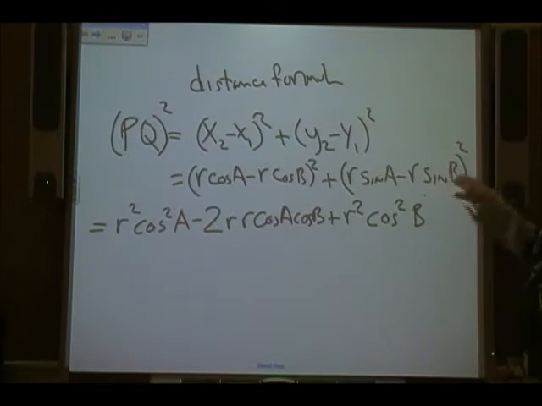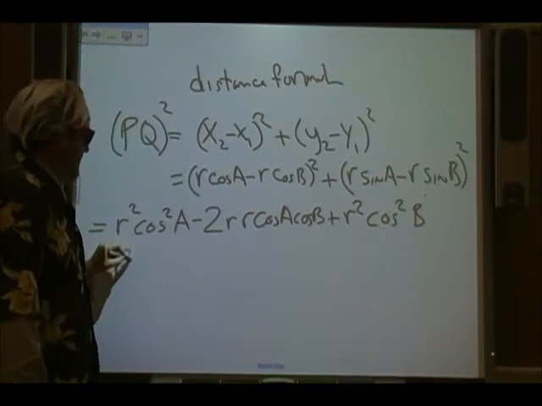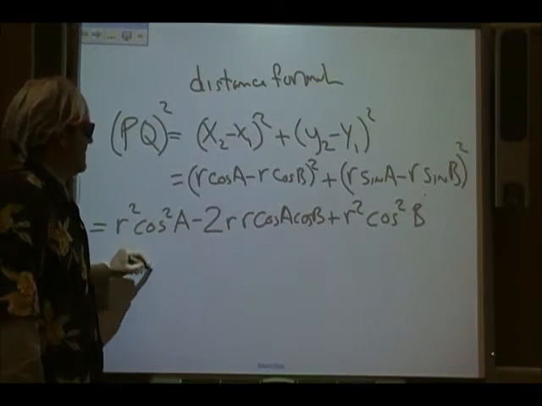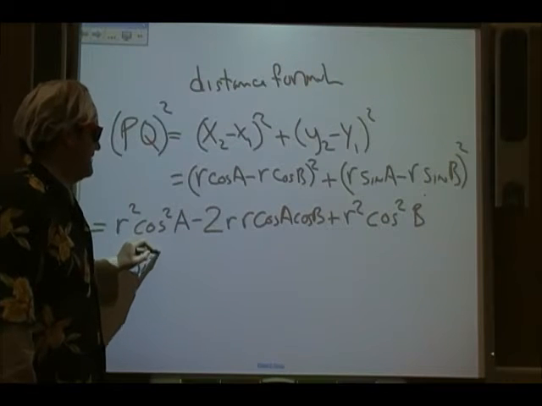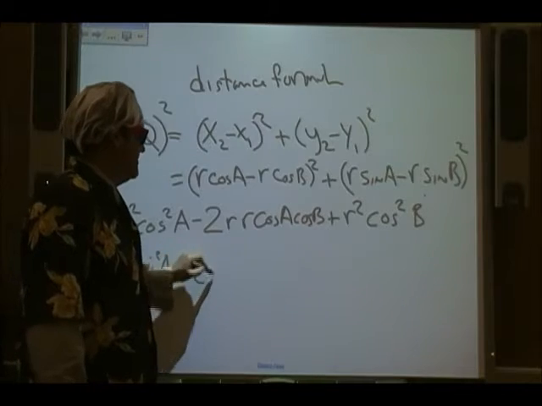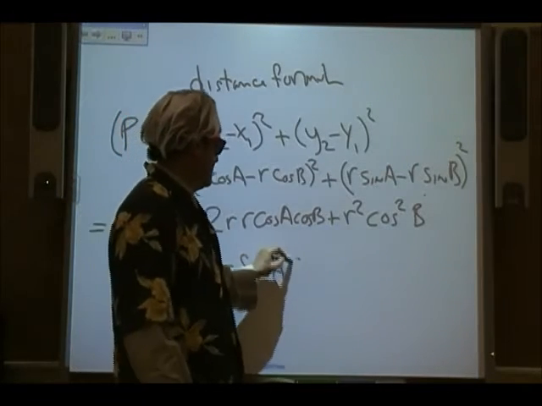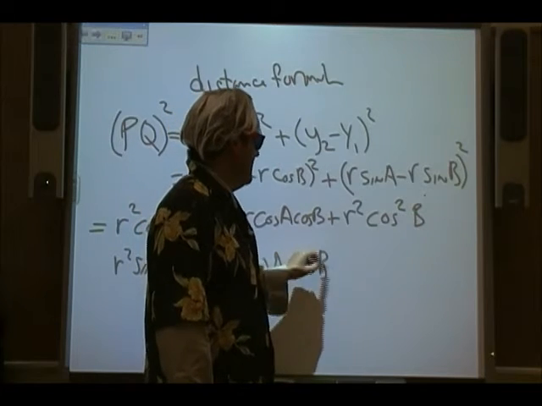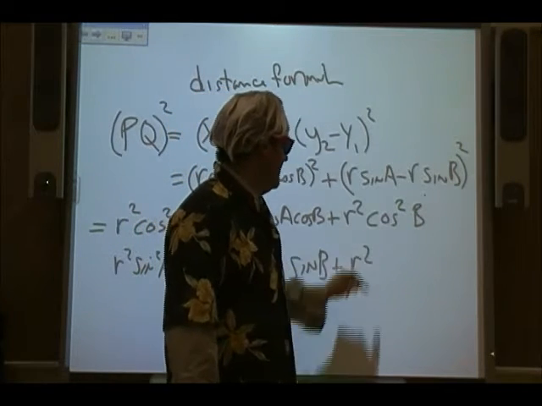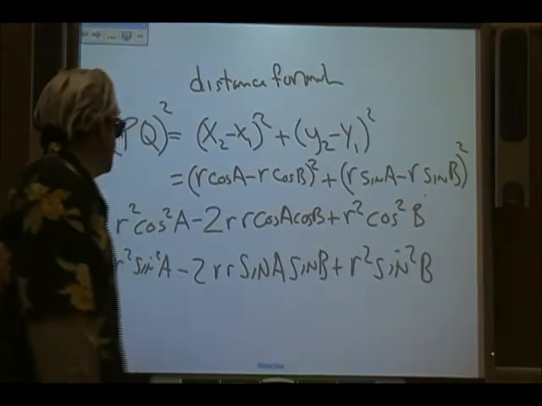Then I have to expand this one out. So this is r squared sine squared A minus 2r squared sine A sine B plus r squared sine squared B.